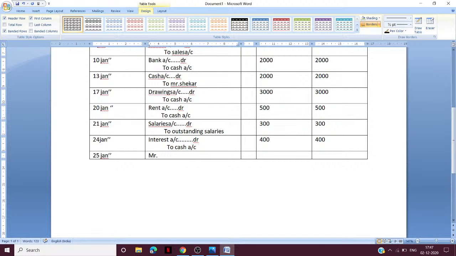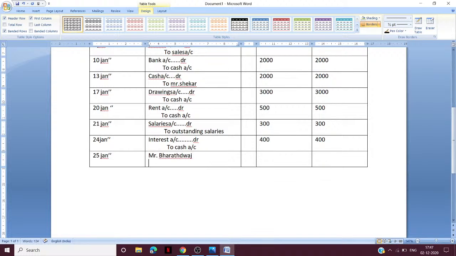So Bharatwaj account debit to cash account.